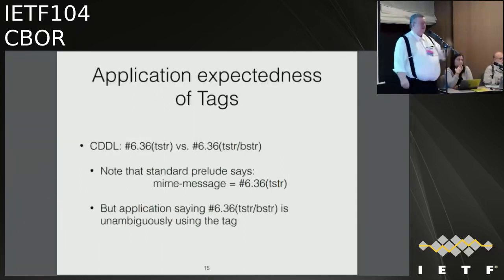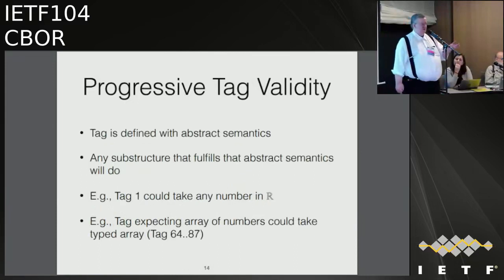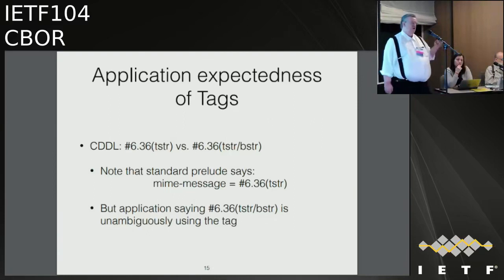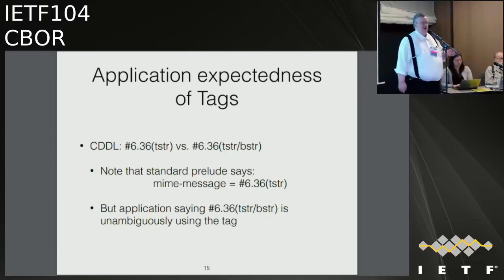Yes. So there are two parts to this. One is what do we actually do about the tags we have? We can enable progressive validity for new tags, but we have some tags that say only use this with something. So we have to decide whether we actually open up those tags or stick with restrictive validity there.